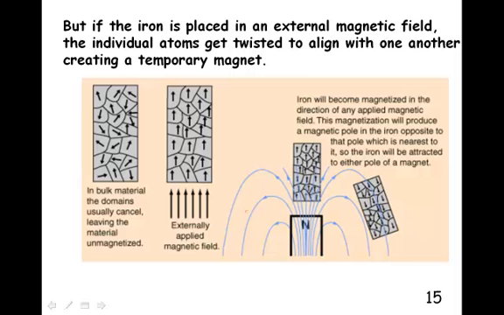But if we put this piece of iron near a magnet, then the atoms line up temporarily with the magnetic field that's being imposed on them. So here we're showing a piece of metal where all the atoms have been lined up, and here's another piece of metal over here, and they're lining up with the magnetic field that's going this way. Here it's showing them perfectly lined up. In reality, they don't do that so perfectly.